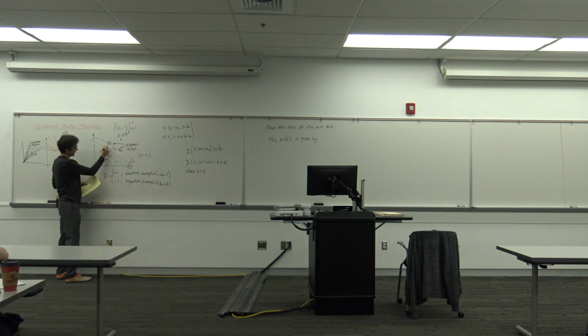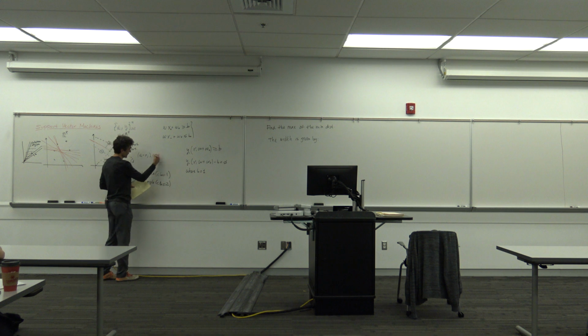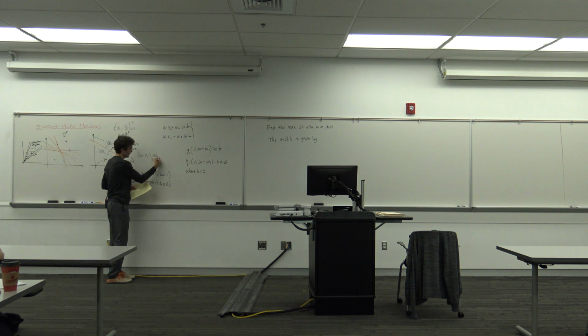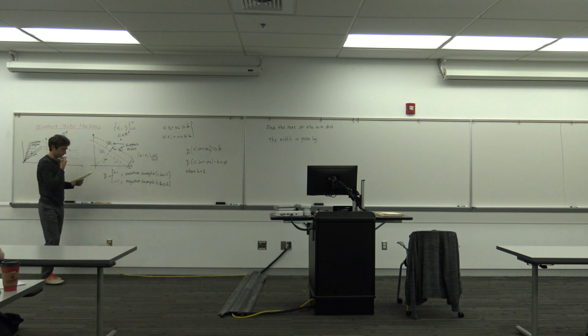So remember that I can compute the distance, the orthographic projection, with respect to this w by just multiplying it by w. And because w is not the normal vector, I need to divide this by what? The norm. Very good. The norm of w, right?